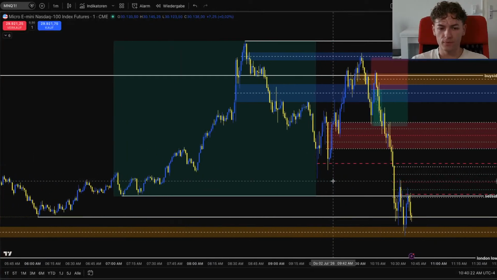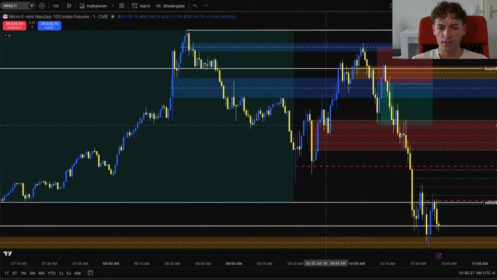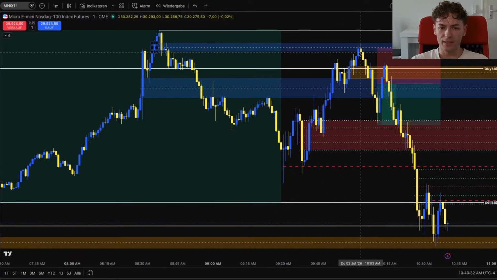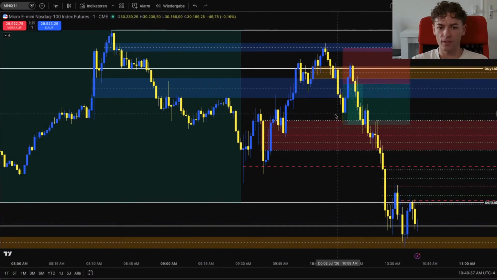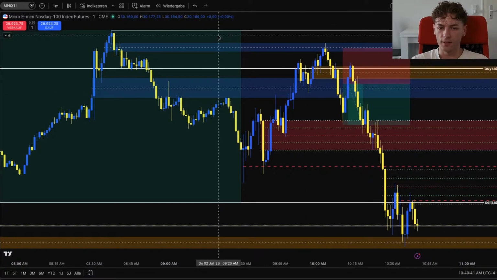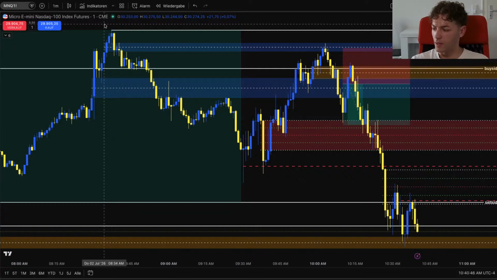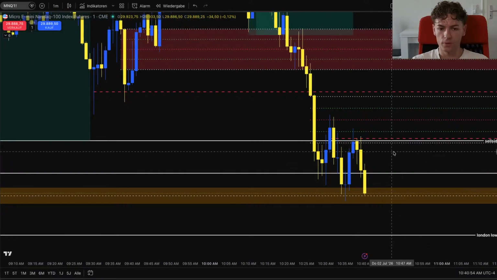You have more of these choppy, range bound price ranges where price is just going sideways, no low resistance liquidity runs, one-sided, just having lots of deep retracements and not really delivering the targets. So this is kind of what you should expect over the next few weeks. So pretty much respect the midpoint of this order block.